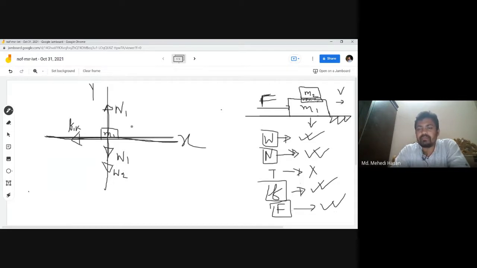Now another force, static friction, which is on the M1 object.